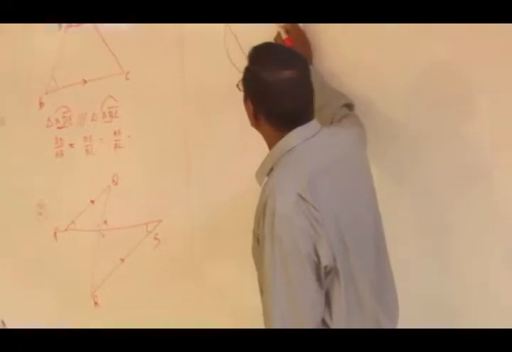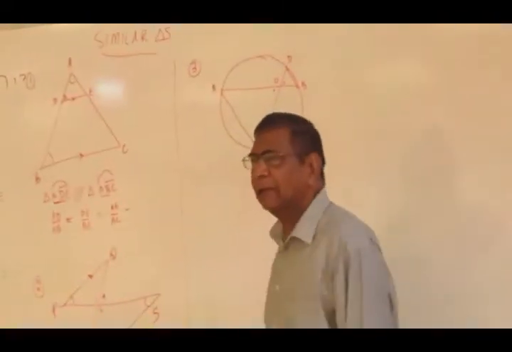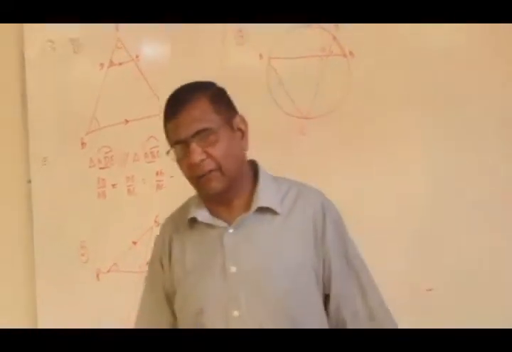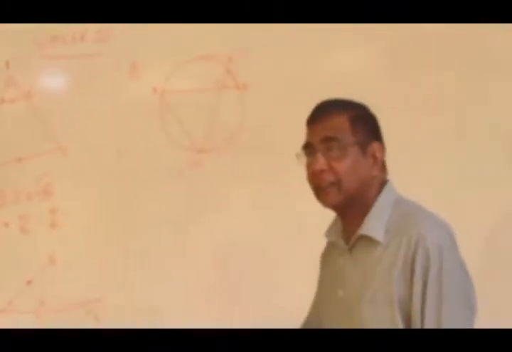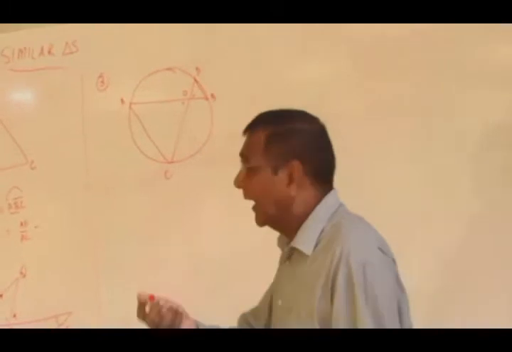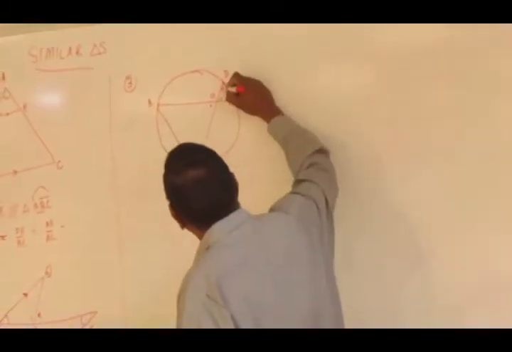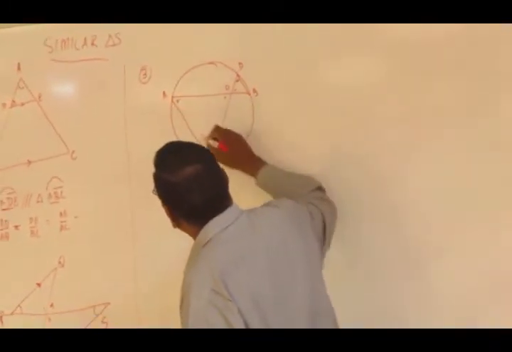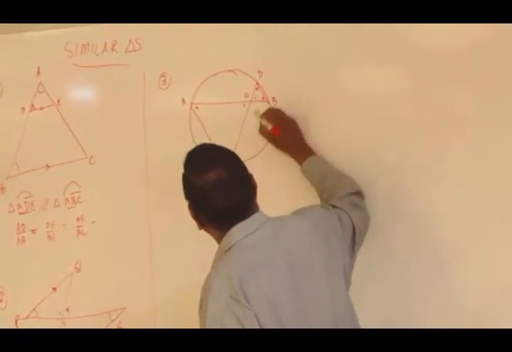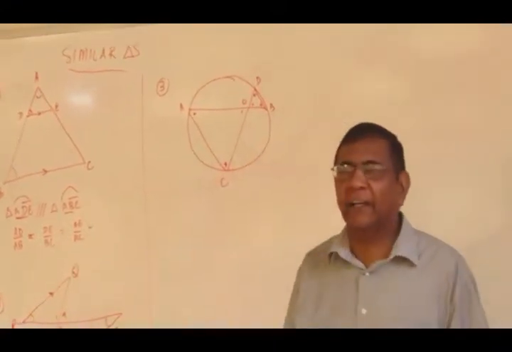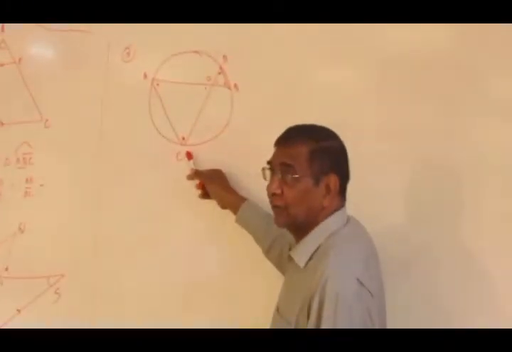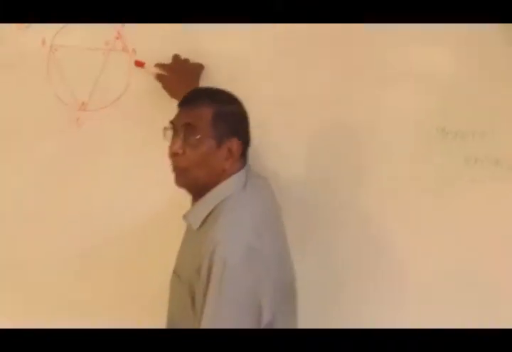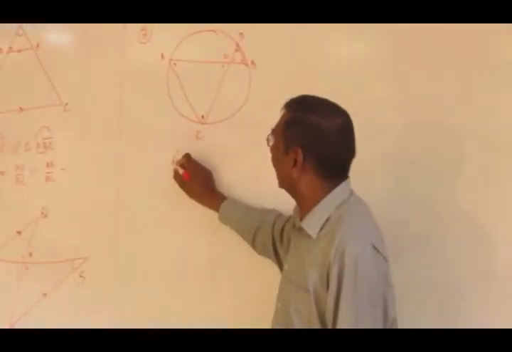Well, this one must equal that, isn't it? Why? Because they are vertically opposite. Where's another pair of equal angles? Yes? Angles in the same segment. So this one is X, that one must be X. If this one is Y, that one must be Y. So you've got triangles that are equiangular, and immediately you can conclude that triangle AOC, notice the naming, DOB, would be similar.